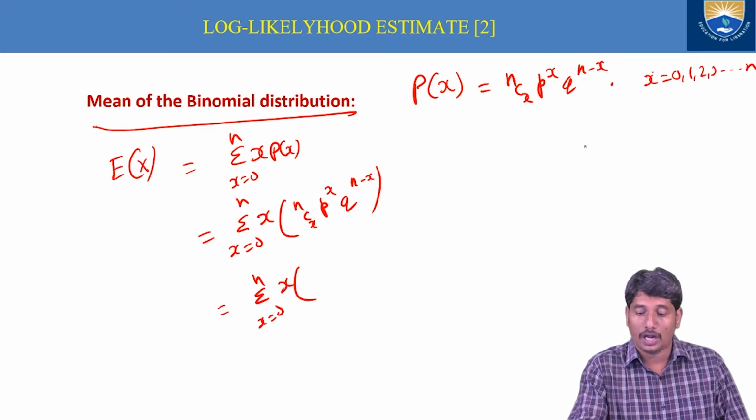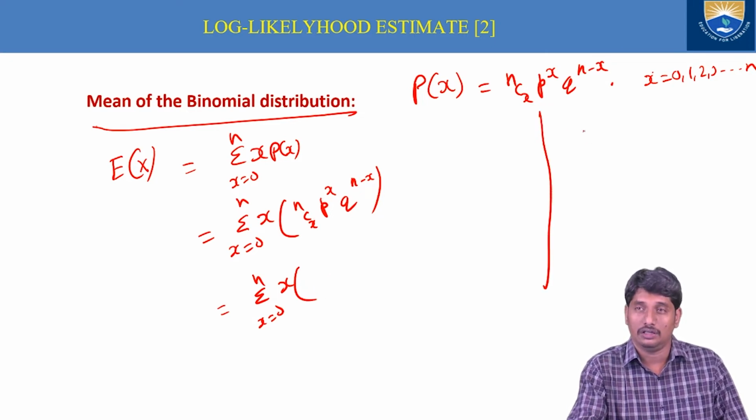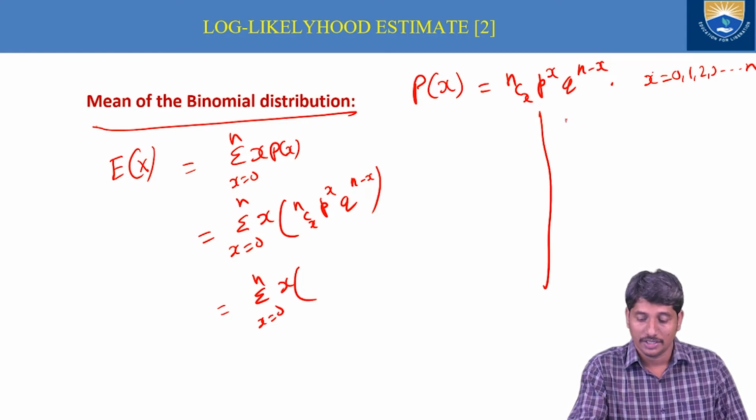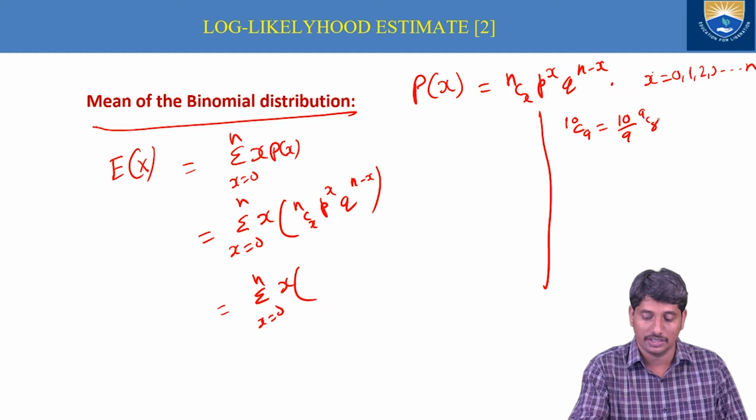Now we have a formula in our permutations and combinations, that if it is 10c9, it could be written as 10 by 9 into 9c8.